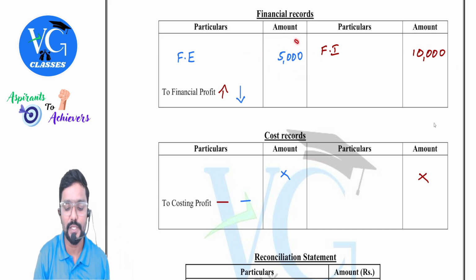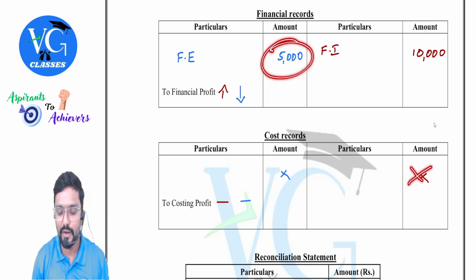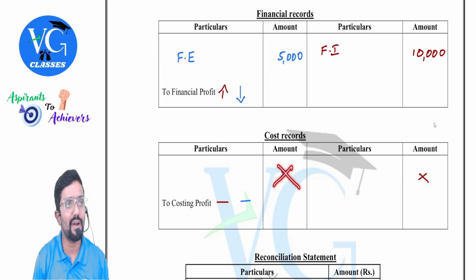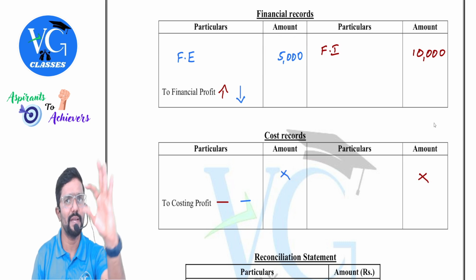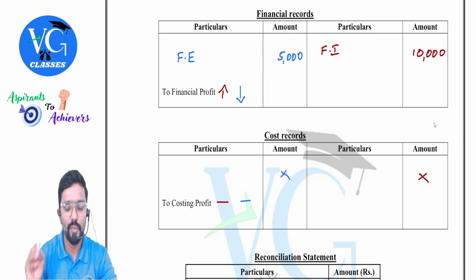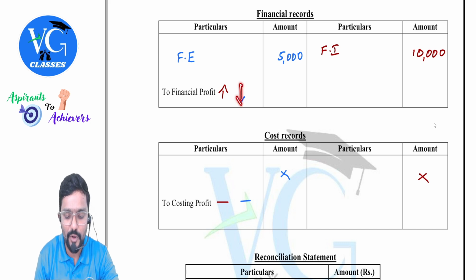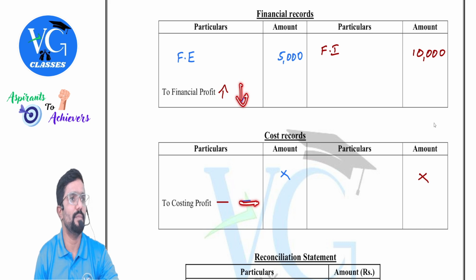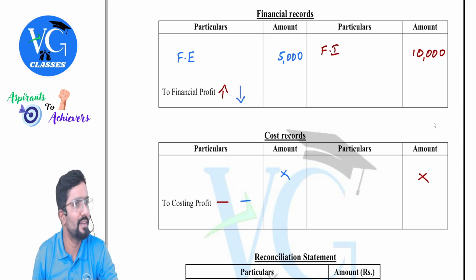There is a financial expense of 5,000 which I have recorded in financial books, whereas I have not recorded this in my costs. Clear? Because of this item, my financial profit has gone down, whereas my costing profit is the same. Why, sir? Because I have not recorded this transaction.